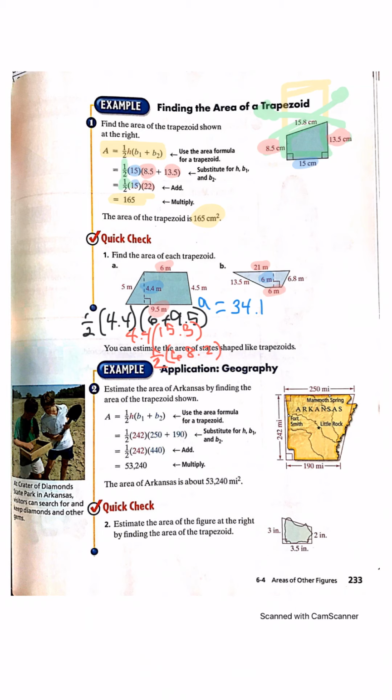So our equation is going to be 1/2 times the height, which is 6, times 21 plus 6. And of course we know we need to do the parentheses first. 21 plus 6 is going to be 27.